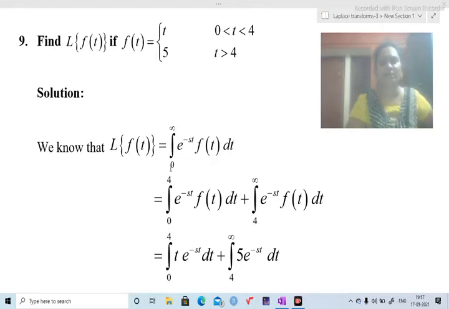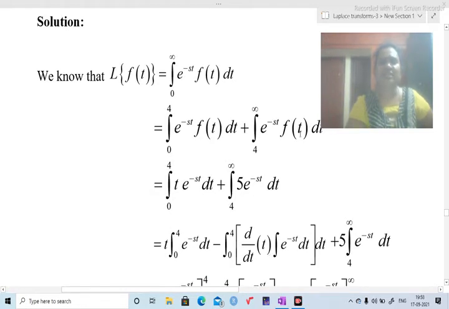Now we are going to split the integral 0 to infinity as 0 to 4 and 4 to infinity. We write the integrand as it is. Observe, the value of f of t in this interval is t. The value of f of t in this interval is 5. Substitute those values in the place of f of t.